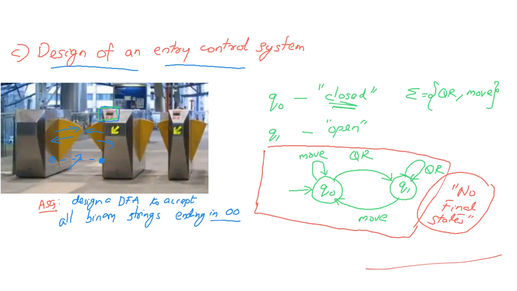So in this video, we looked at a number of examples of designing a finite automata. We have not looked into the mathematical definition of a DFA, but we have designed some DFAs based on intuitions. In the next video, we will be looking at the mathematical definition of a DFA, how a DFA is defined mathematically.